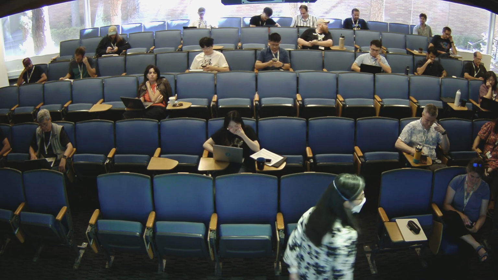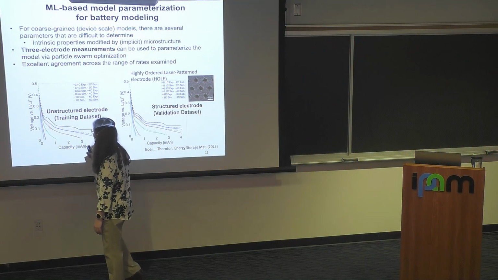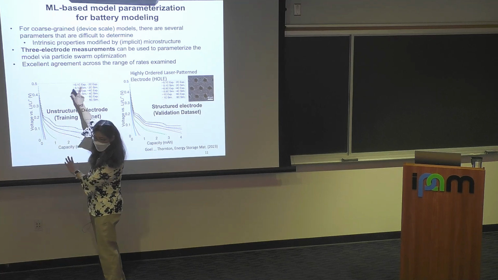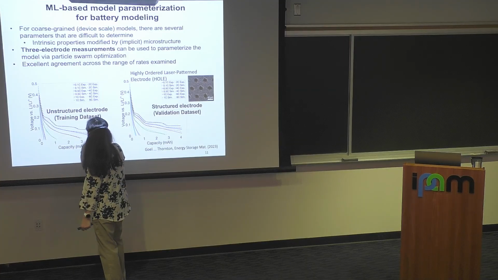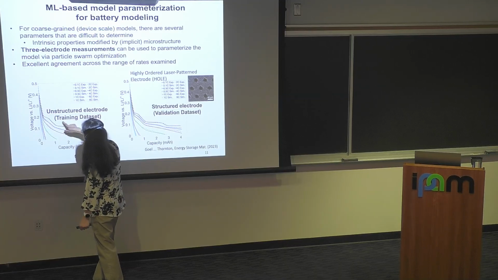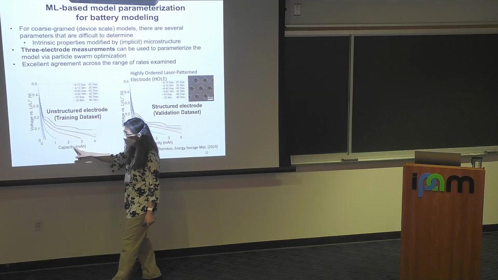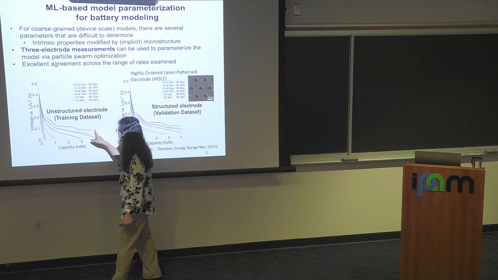I think, because we had a lot of, we didn't have any convergence issue. And then, maybe it's a nice aside, this is the voltage as a function of capacity of the battery cell at different rates.